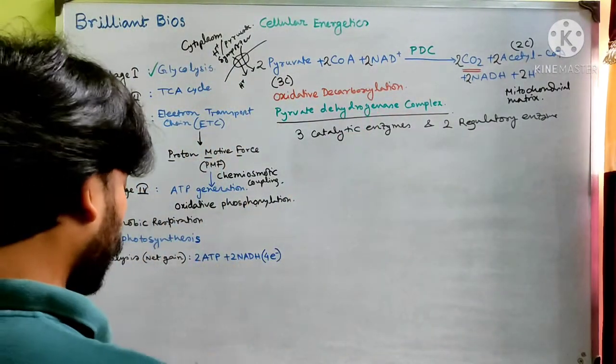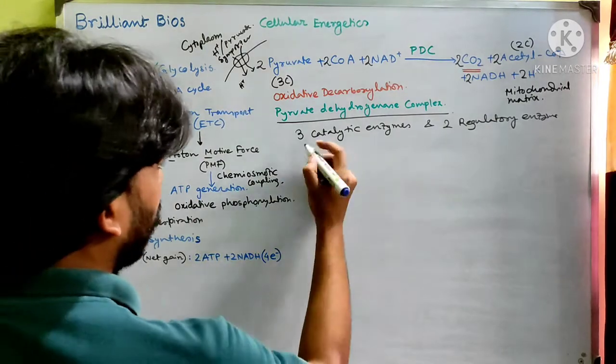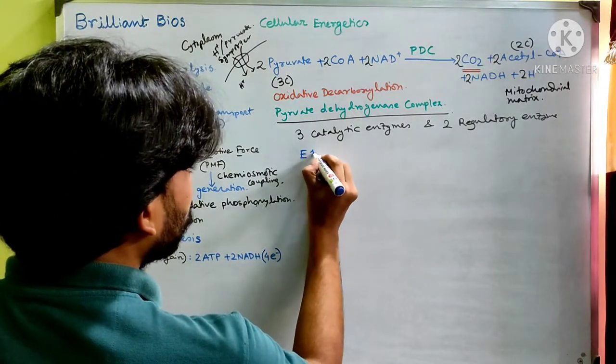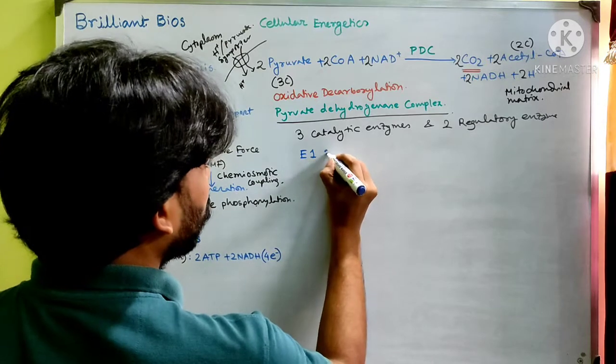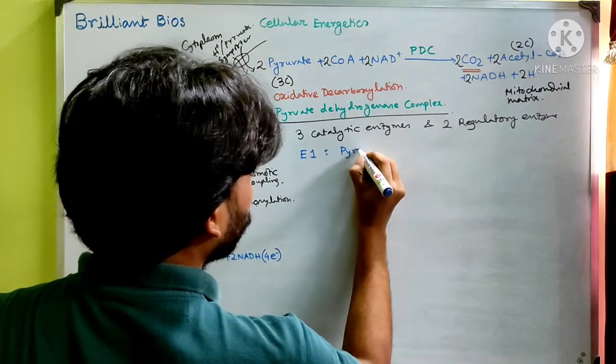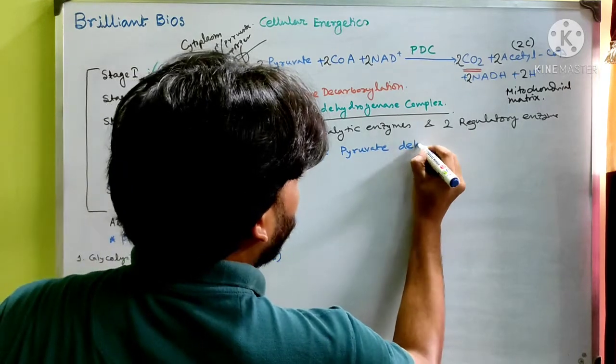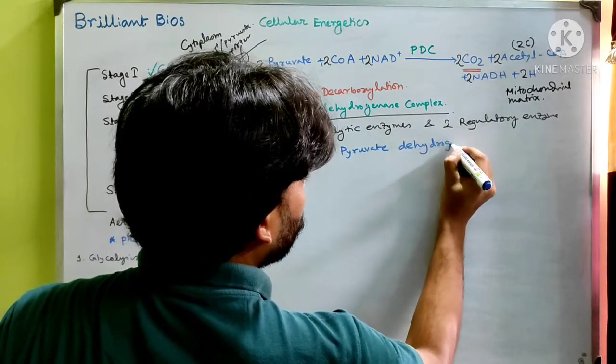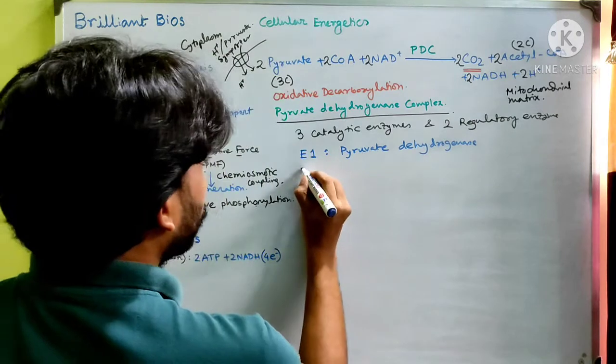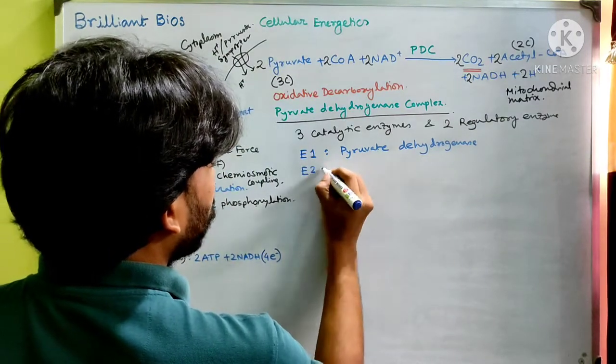Now the names of these catalytic enzymes: the first is called E1. The full form of E1 is pyruvate dehydrogenase. There is another catalytic enzyme called E2.